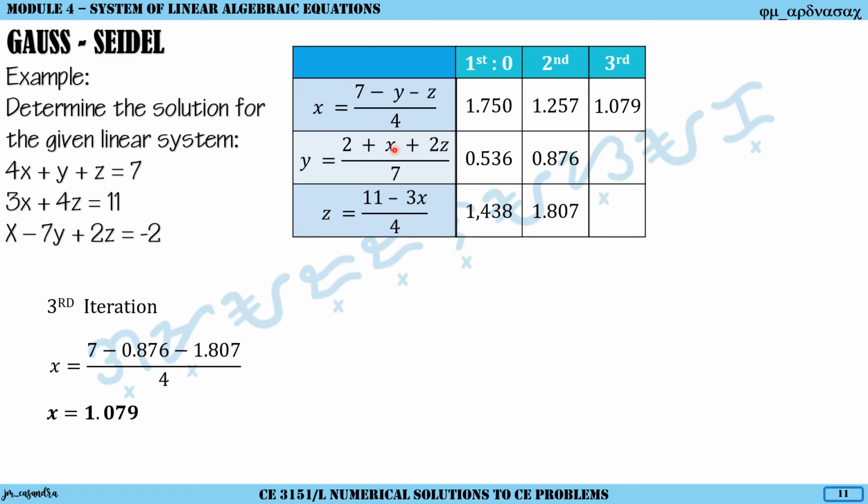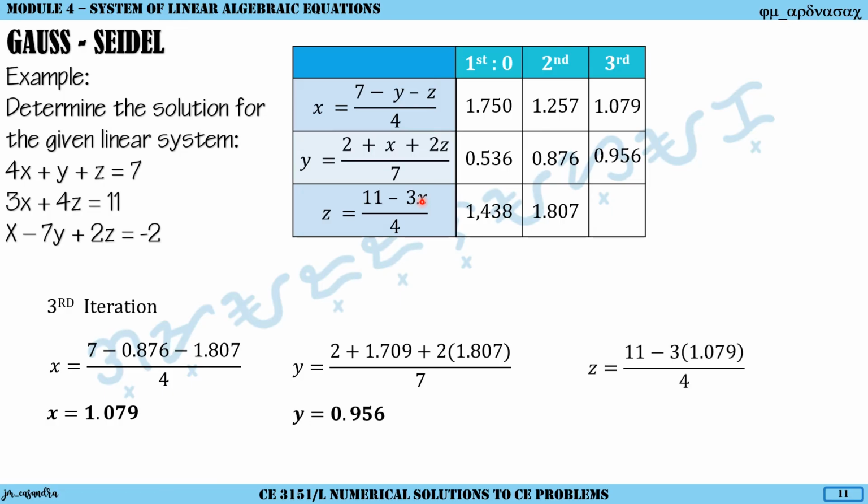So ang gagamitin natin dito is latest x, that is 1.079, latest z 1.807. It will give us y value of 0.956. And then for z, latest value of x is 1.079. So z now is equal to 1.941.